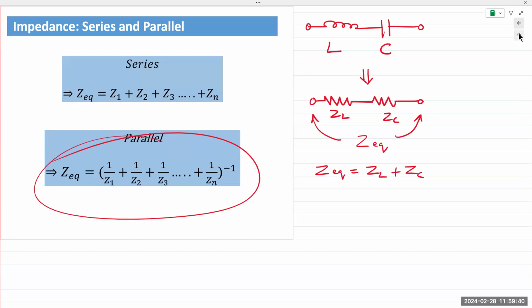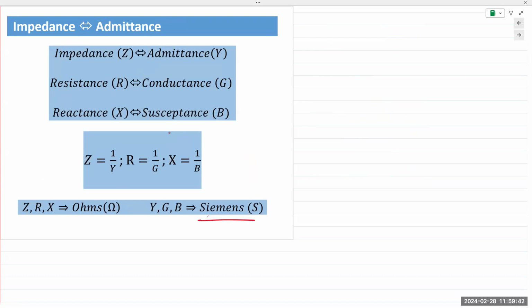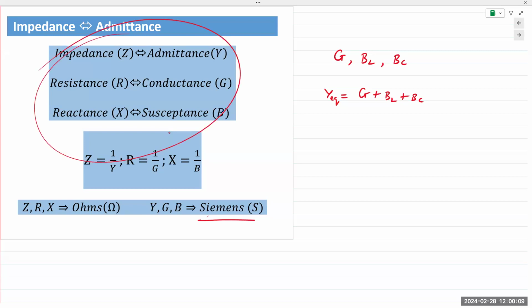So it is easier to work with Y, G, and B. If you already have reciprocals for your inductor, resistor, and capacitor, you can simply write G, BL, and BC and sum them up. Total YEQ is simply G plus BL plus BC. Simple summation. That's why we had these quantities.